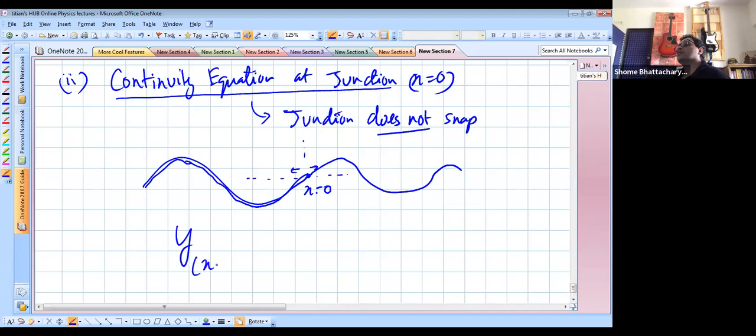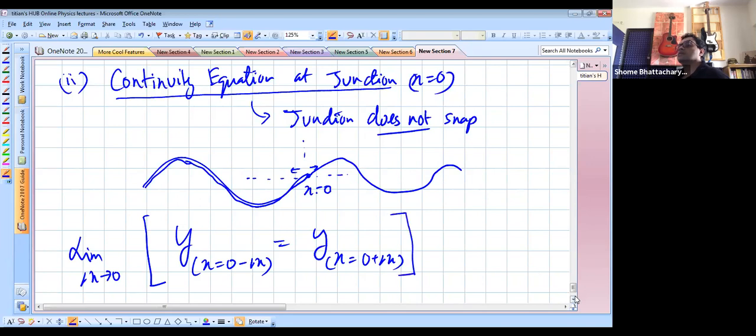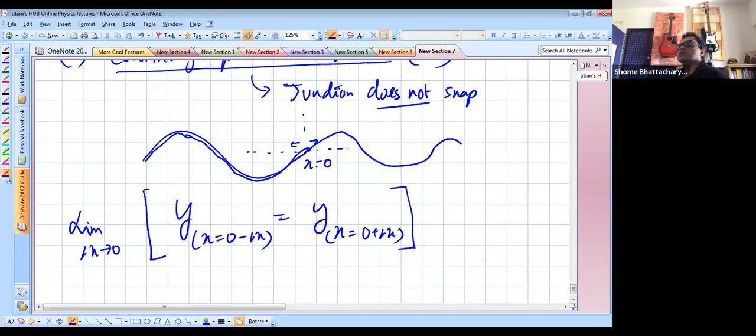Sort of limit that we are applying, the delta x tending to 0. That is, the junction should remain intact. So it should not become like this, that the left hand side of the junction is like this and the right hand side is like this.